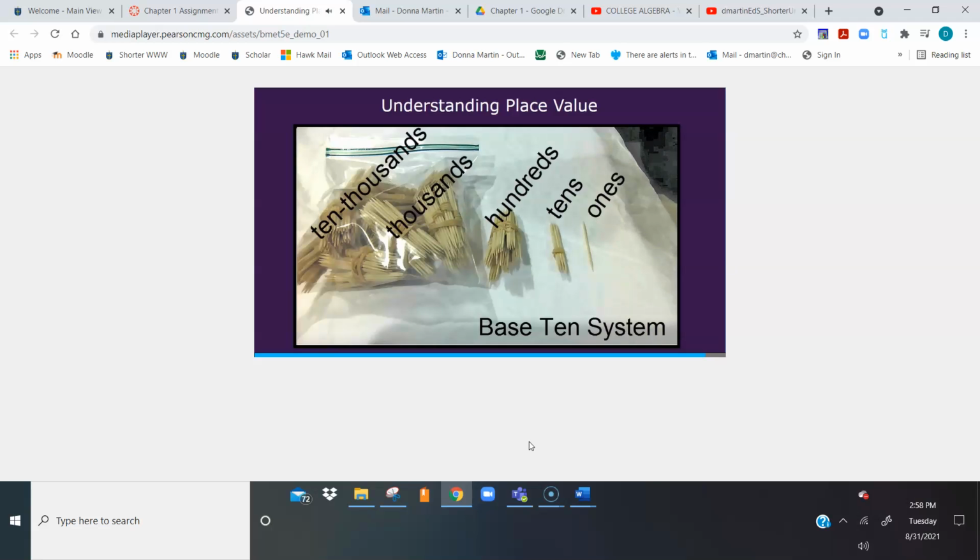It gets hard to show with toothpicks. But that is the key idea of the base 10 system. We can keep bundling in groups of 10. We make ever larger units. And this is a key idea of place value and the base 10 system.